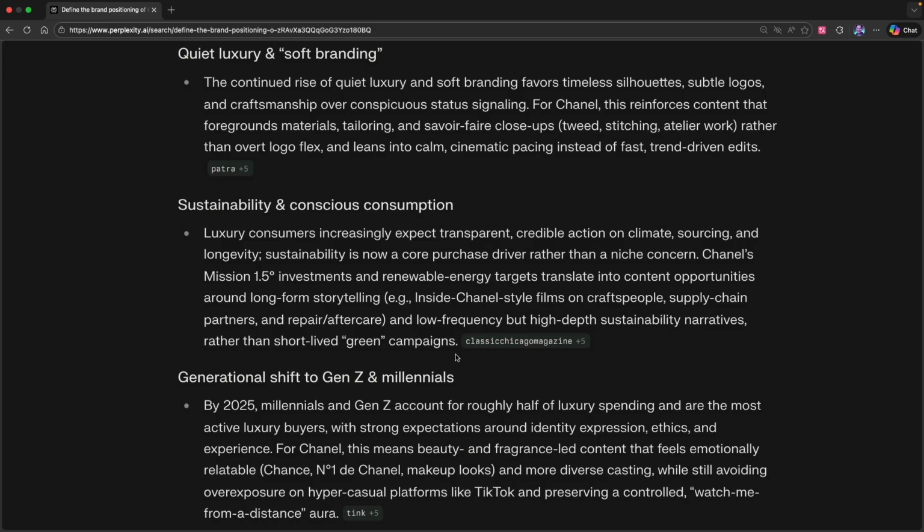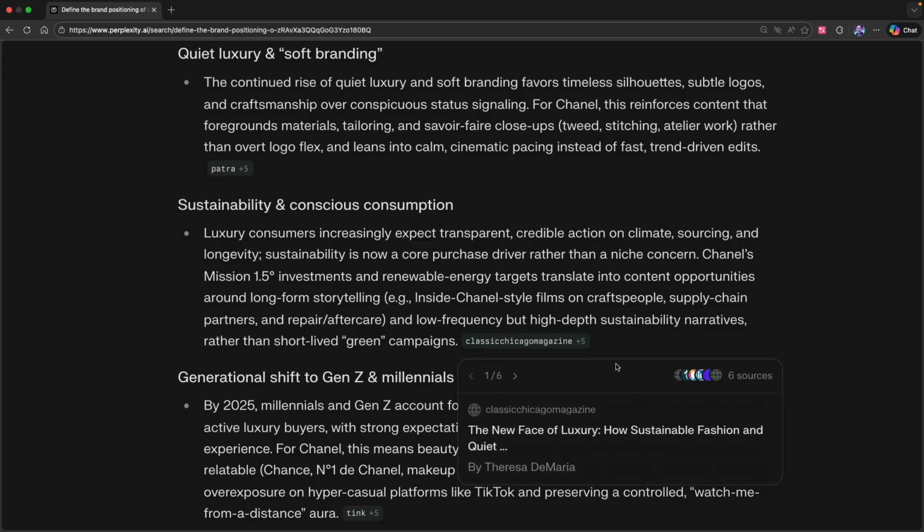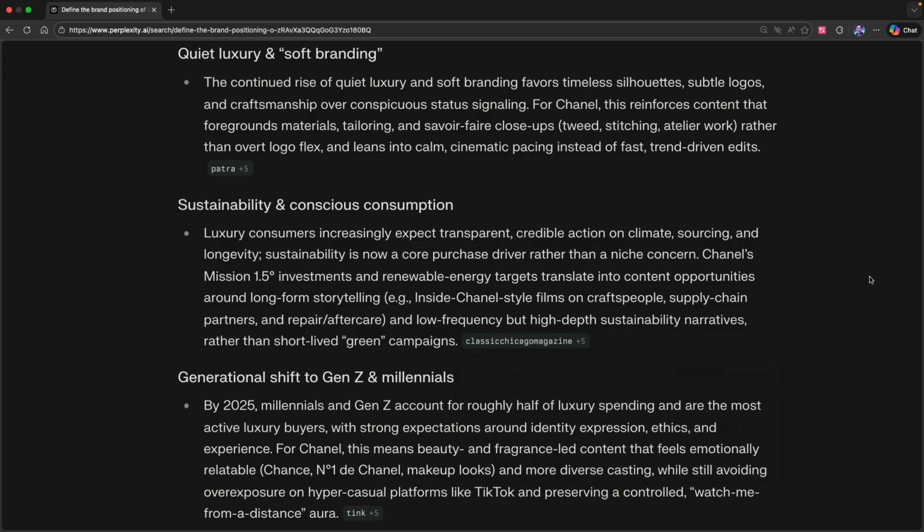The trend number 2, sustainability. But be careful here. Chanel doesn't do green marketing like a fast fashion brand. The AI suggests long-form storytelling about repair and aftercare. Why?